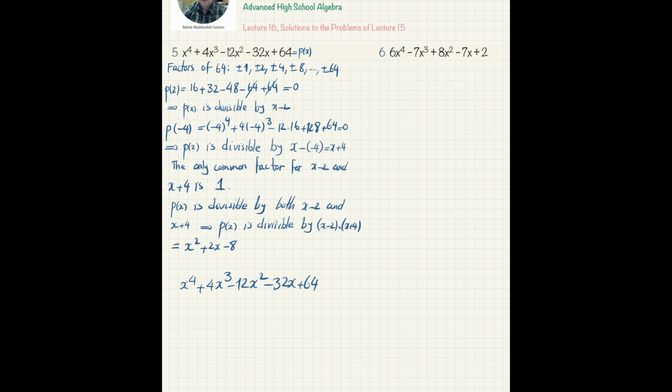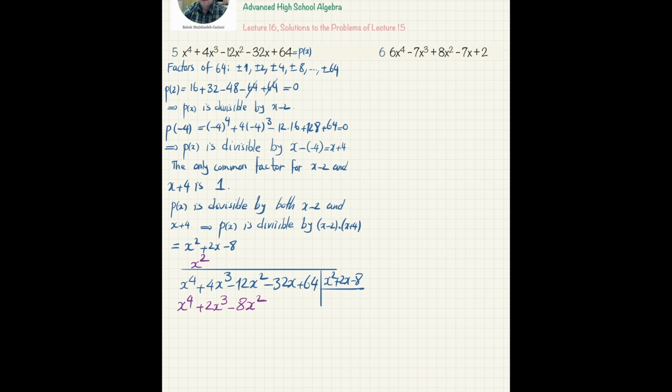Then I divide this by the expression that I got right now, which is x squared plus 2x minus 8. Yes, and I do the division. So x to the 4 divided by x squared gives me x squared. I multiplied everything, so it becomes x to the 4 plus 2x to the 3 minus 8x squared.